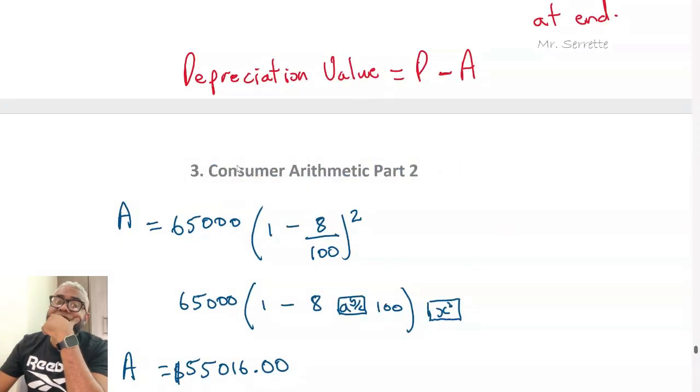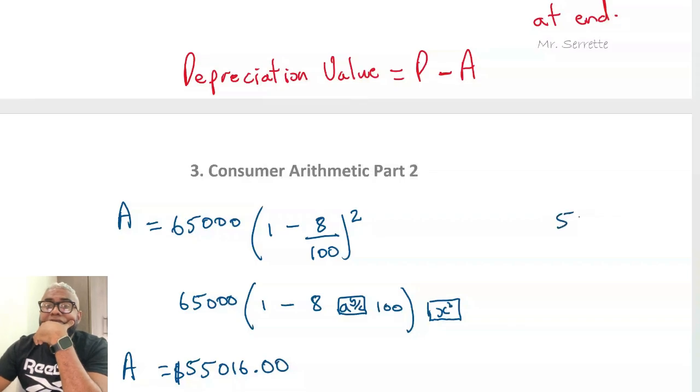What did you get for the first year? So you find 8% of 65,000, and when you find that, you have to minus it from 65,000.